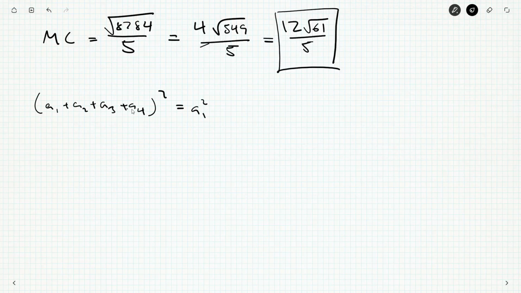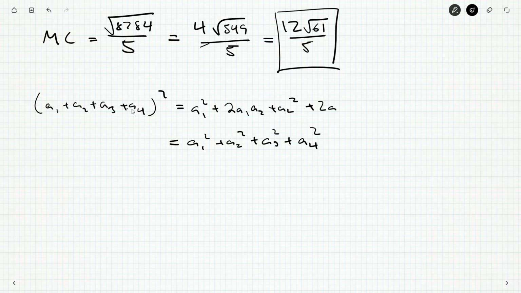That's A1 squared plus 2A1A2 plus A2 squared plus 2... You'll get twice, so you'll get the sum of all the squares. I don't want to waste time writing everything out, but you will get the squares of each of these terms, but then you'll also get twice the Hypatia sum.